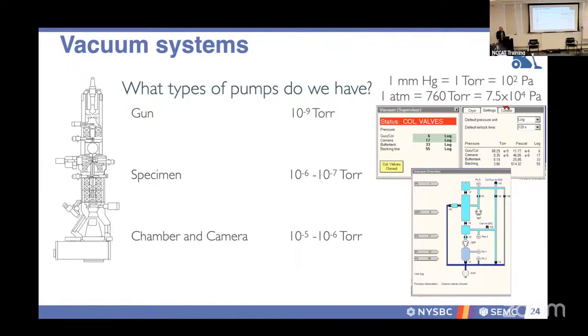Between your electron source and the main column, where you have your specimen and your detector, you have differential apertures. In the more modern microscopes, the source is always on. You have your vacuum systems always pumping, but different sections are isolated from each other.